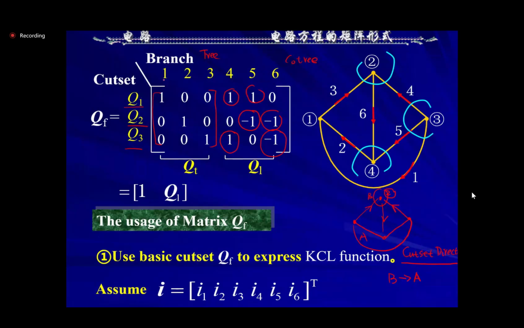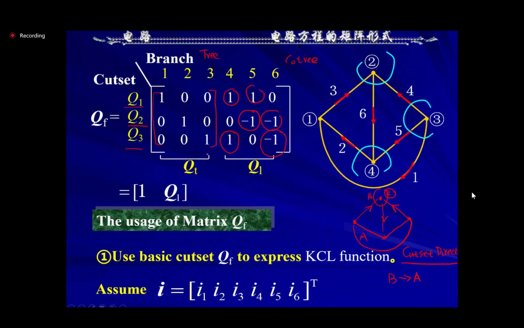The order is branch 1, tree 1, Q1, tree 2, Q2, tree 3, Q3. So only the diagonal position will be positive 1. It will be a uniform matrix.